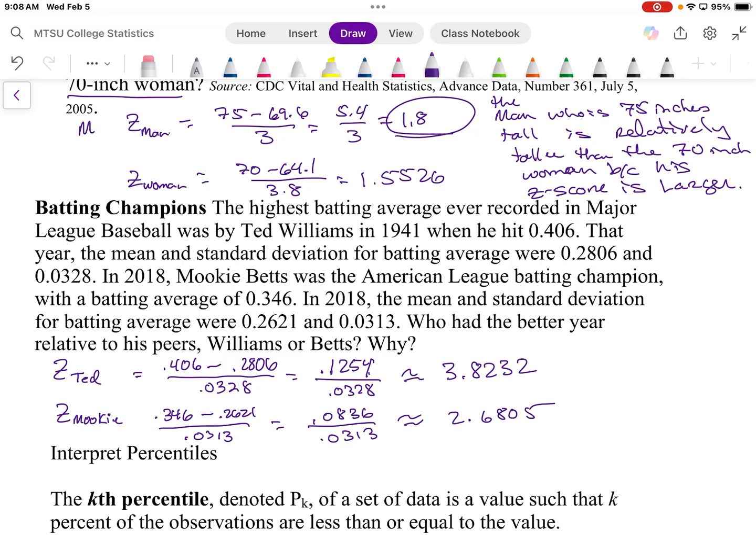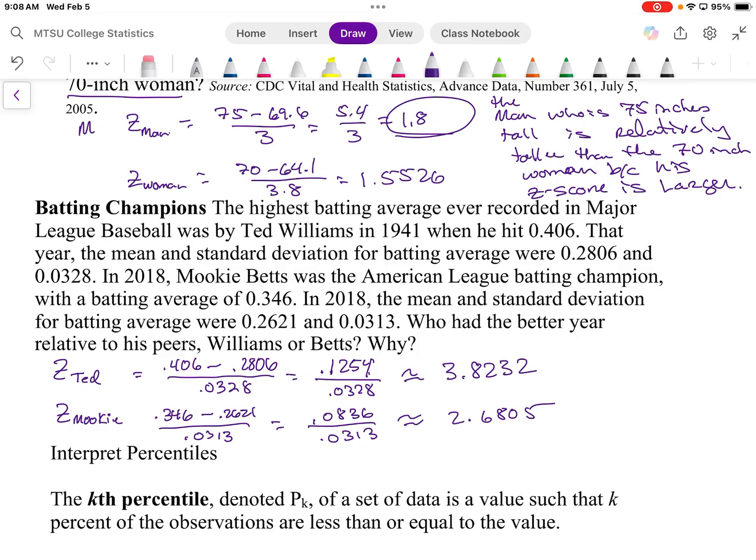All right, so with that in mind, again, yes, common sense says a 406 batting average is better than a 346 batting average. However, did they play the same number of games? No. Okay. Yeah, they were both in the American League, but again, they didn't play the same number of games and so forth. So we want to make sure we standardize it.